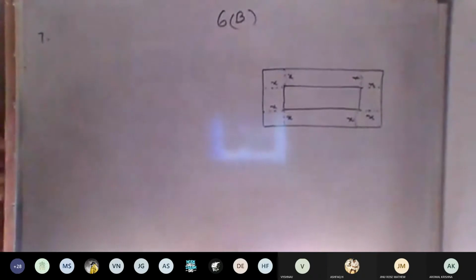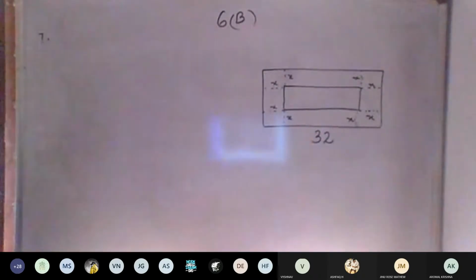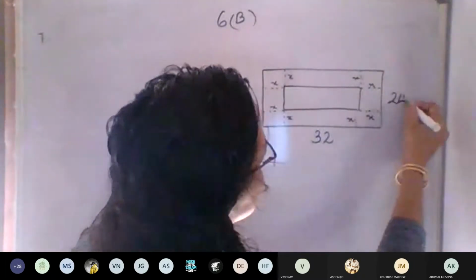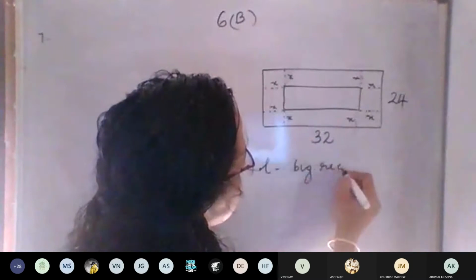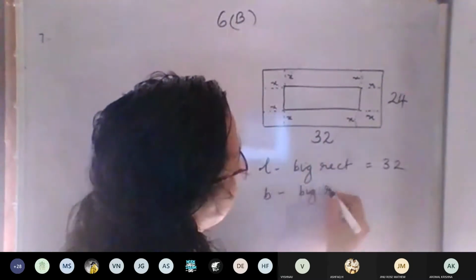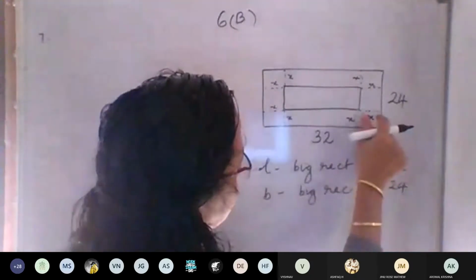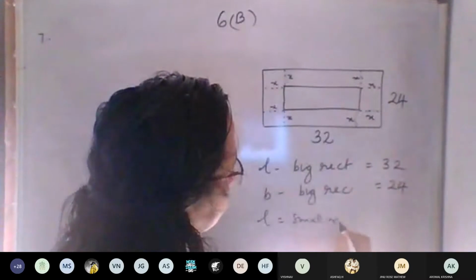Length is given as 32 and breadth is given as 24. That means the length of the big rectangle is 32 and the breadth of the big rectangle is 24. Width x. What will be the length of the small rectangle?